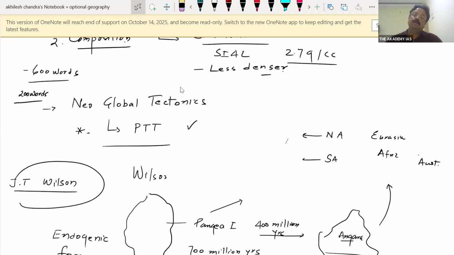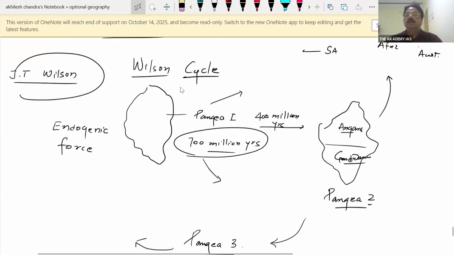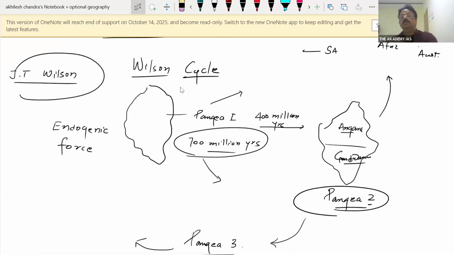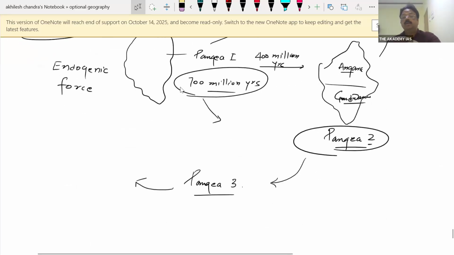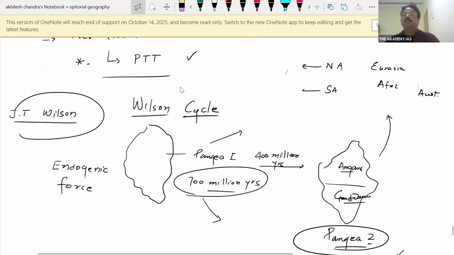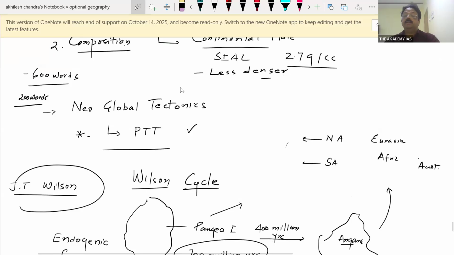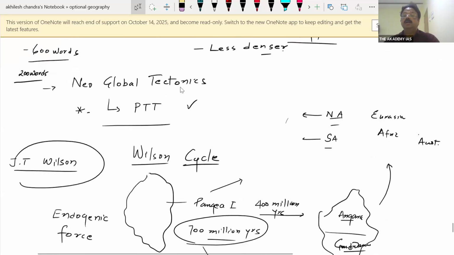Wilson cycle. So the story started from somewhere 700 million years ago, and then Pangea 2 was formed, continental drift theory we have seen. Now we are in the second season of Pangea, isn't it? And what happens after millions of years from today, this Pangea 3 formation takes place, like you can see that North America and South America are moving towards west, and the Pacific Ocean in between them, here it is Eurasia, here it is Australia, is getting consumed.